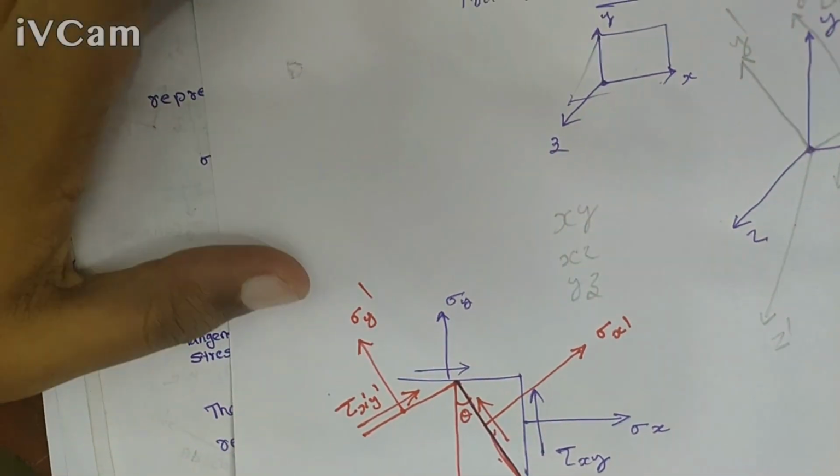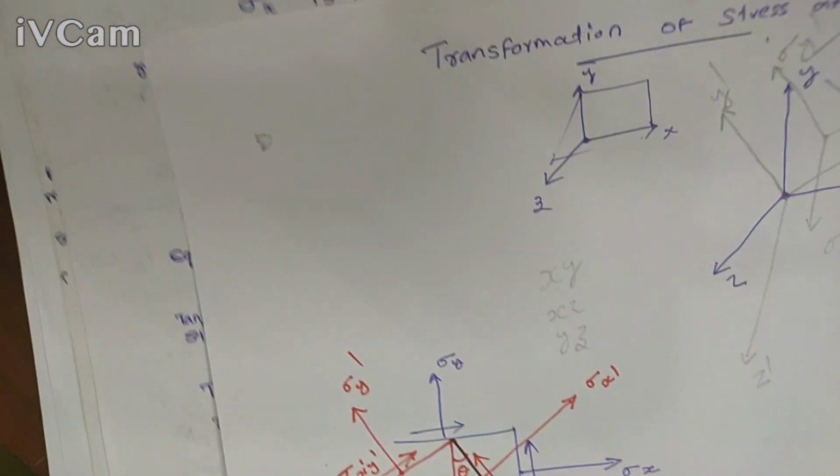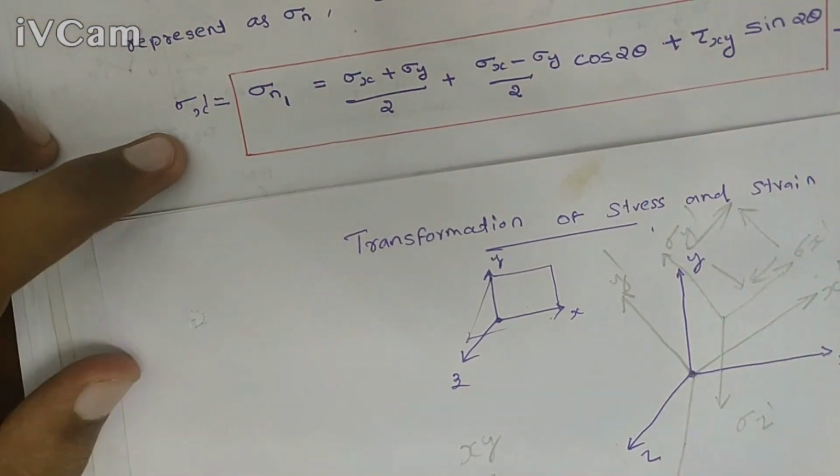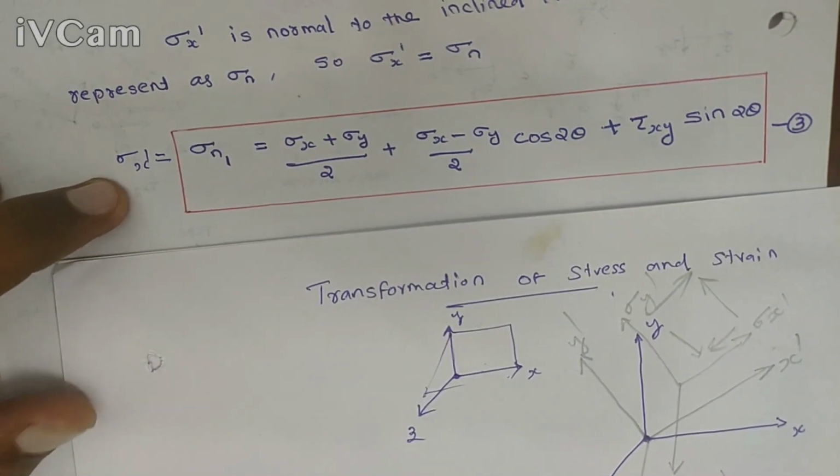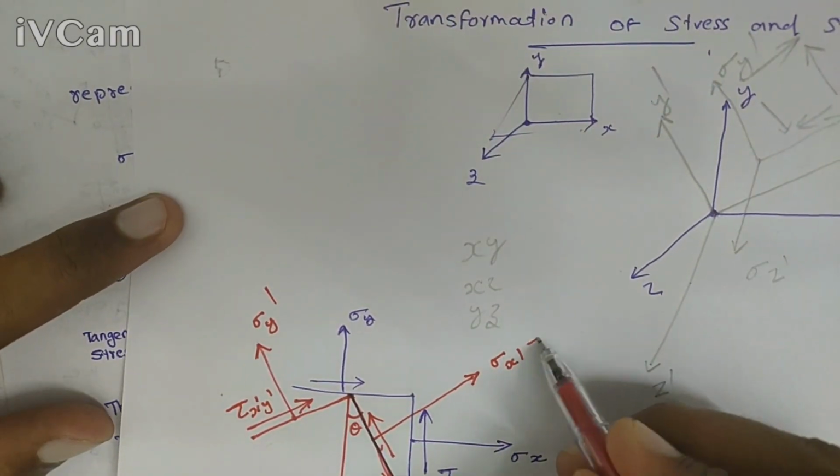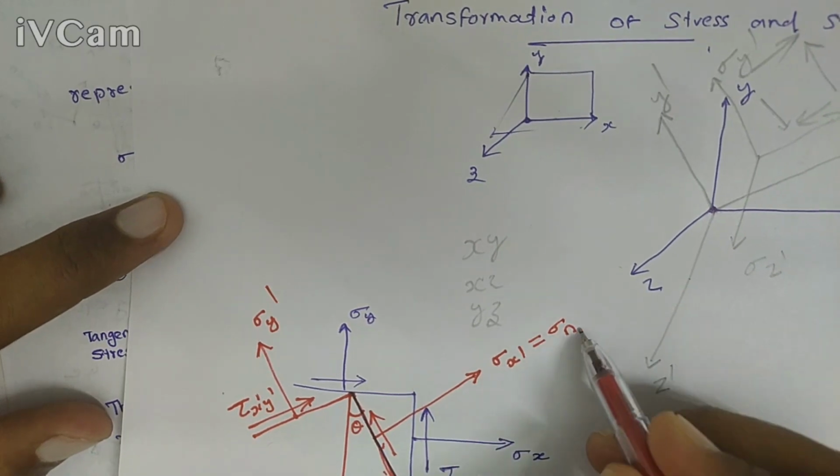Here, after the derivation, we got sigma x dash, which is a normal stress, that is why it is given as sigma n1.